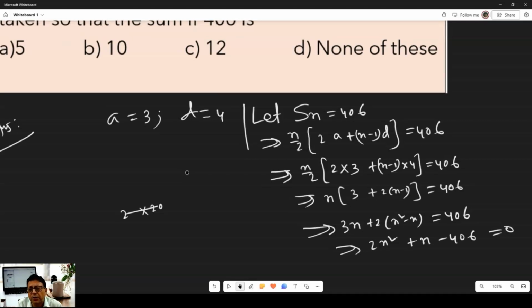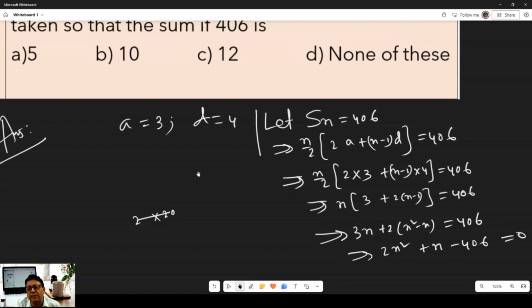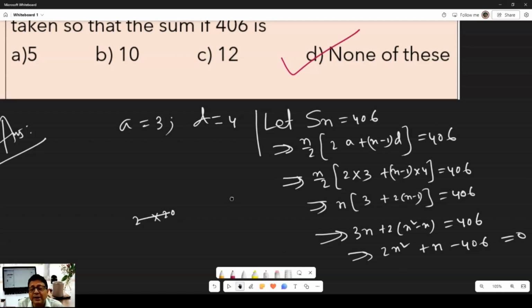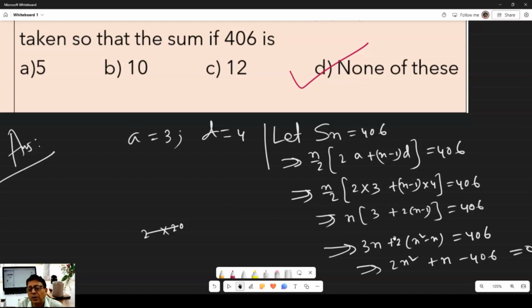Check once. You can check with the options also. With 5 it is not matching. With 10, no, it is not matching. With 12, no, that is also not matching. So the correct option is going to be none of these. This is the advantage of an MCQ question. The option is coming none of these over there. We will not waste our time here. We are not getting n over there. Why should I solve it with the help of Sridharacharya method, all these things?